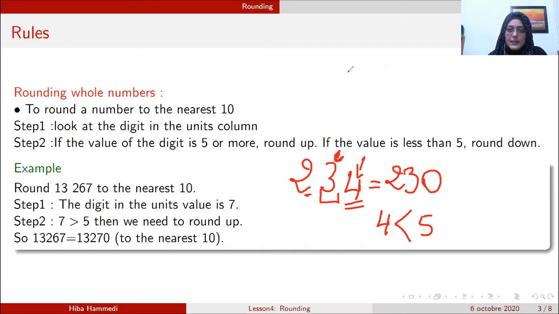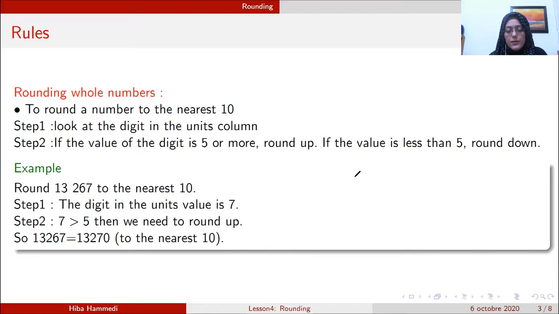Let me take another example for you. Imagine I have the number 326, right? And I would like to round it to the nearest 10. So I will check the value of the units here. The value of units is more than 5. So I need to round up this number by adding 1 to the value of the tens here.